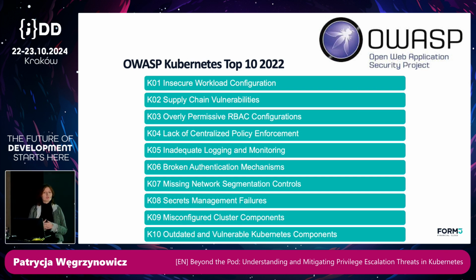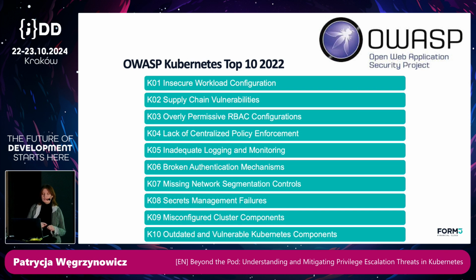Number one is the source of many problems in Kubernetes, and privilege escalation is one of them: insecure workload configuration. So you can think about running your pods as root. You can think about privileged mode in Kubernetes pod configuration. You can think about writable file systems and many more configuration parameters.